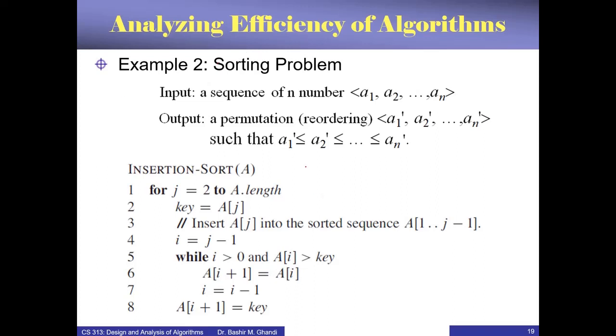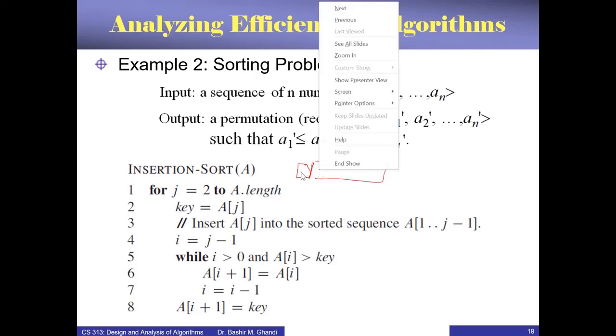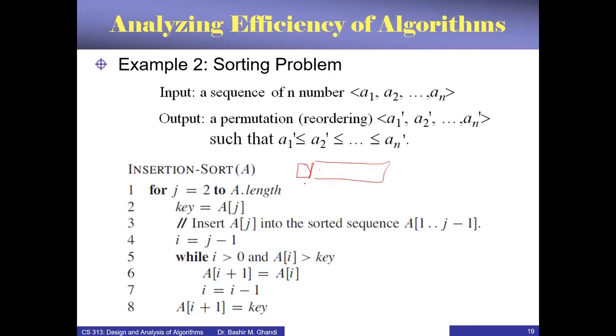The left portion we assume is sorted, initially just 1 element, and the rest are unsorted. Then we're going to take the next one and insert it in the correct place in the sorted list, so that the sorted list now will have 2 elements and the rest are not sorted.